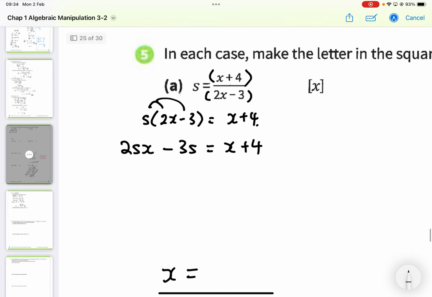Very good. Okay? Then put all the terms with x on one side first. This term got x, this term no x, this term got x, this term no x. So I want to move my x to the other side. When we don't have anything in front, it's because it's the first term. So by default, don't have means it is plus. Okay?